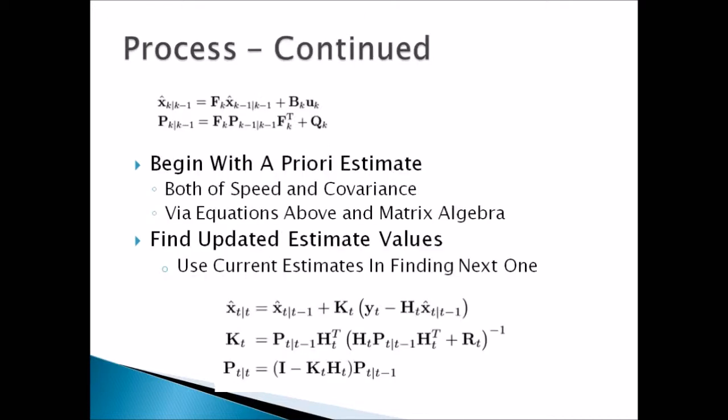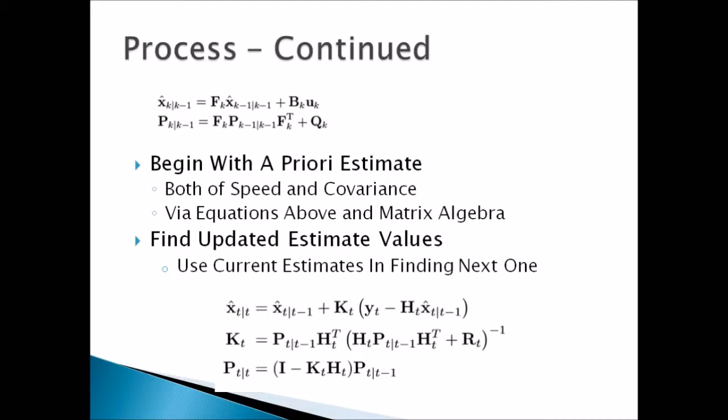Now, we begin with that, and then using both the new measurements of speed and the covariance, we can find updated estimated values for the speed. So basically what we have is an initial model estimate, and then as new measurements come in, we update the model.